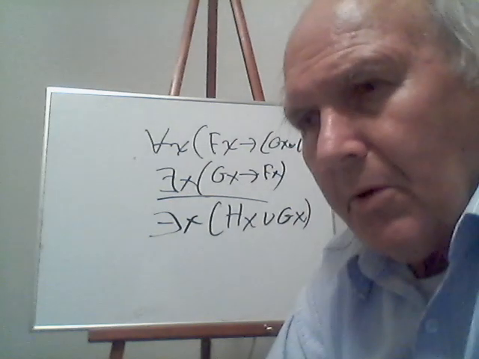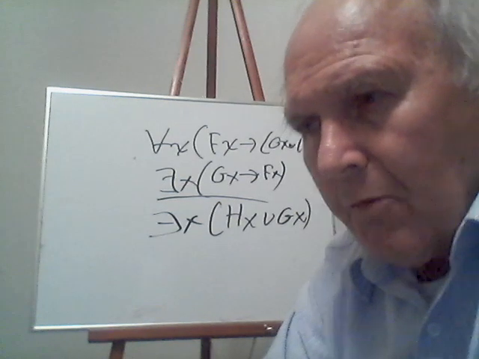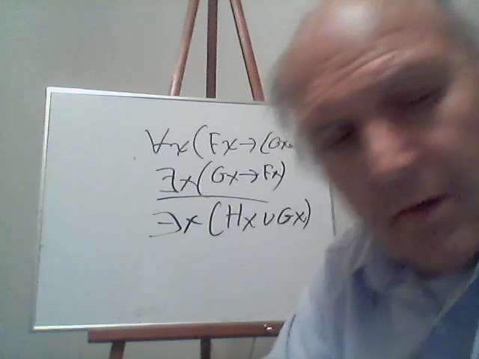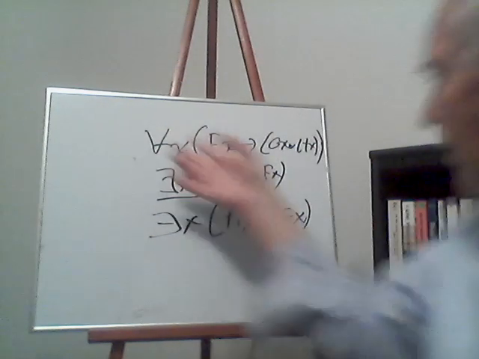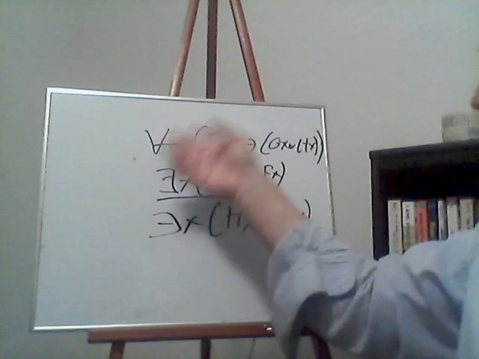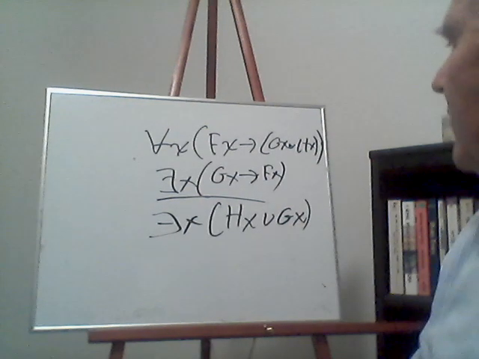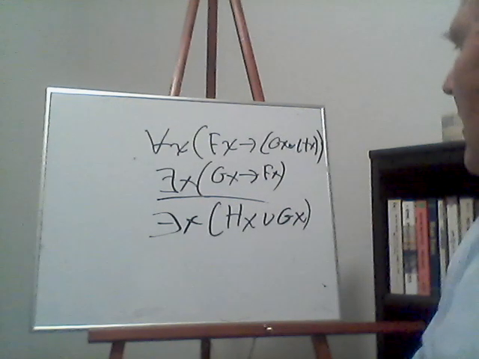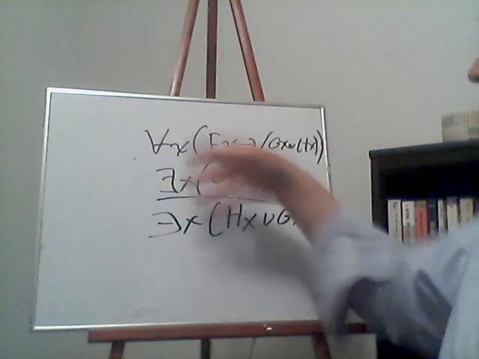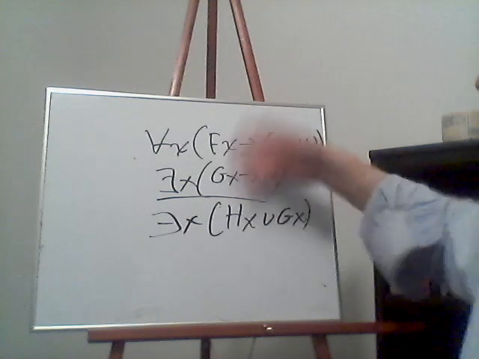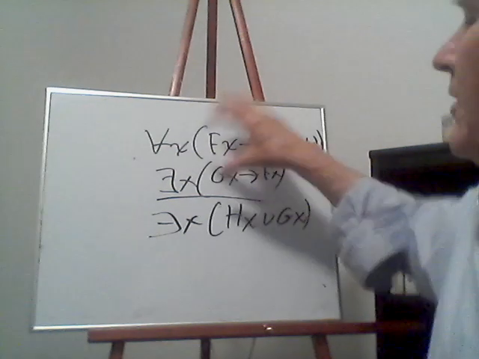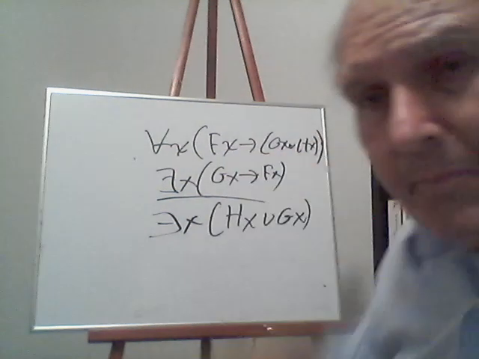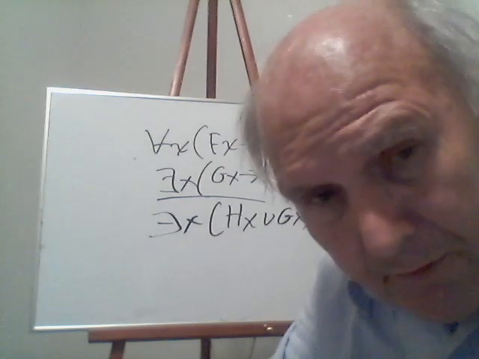And then we get to predicate logic, where you have quantifiers. Things like: for all x, if x is f, then x is g or x is h, and so on. I've never seen anyone use Venn diagrams to diagram something like this, and it's not in any books.